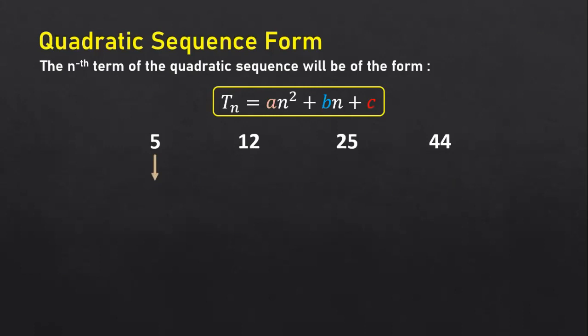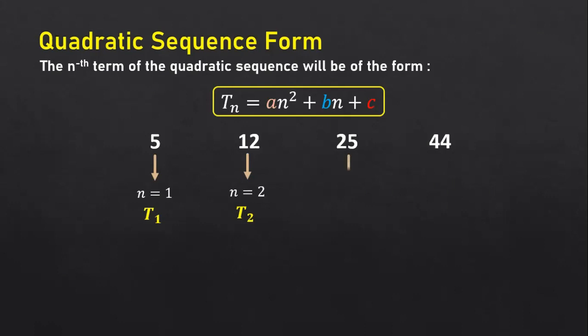Okay, students, for 5, we can say that n equals 1, so we call this the first term or T1. For 12, n equals 2, and we call this T2 or the second term.